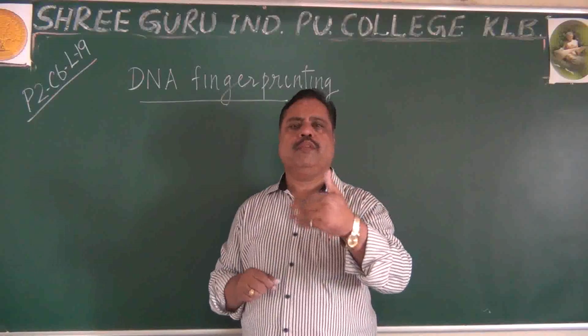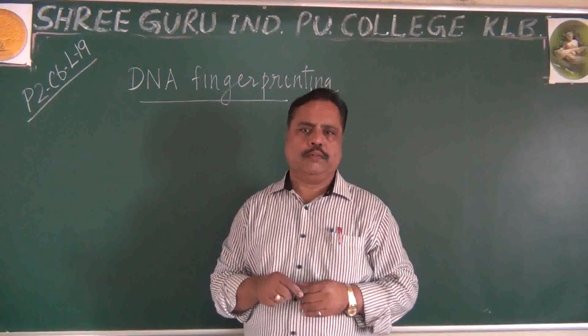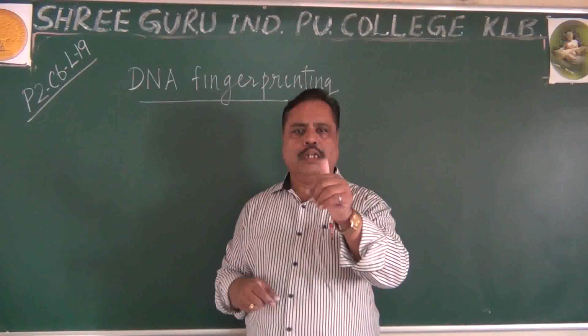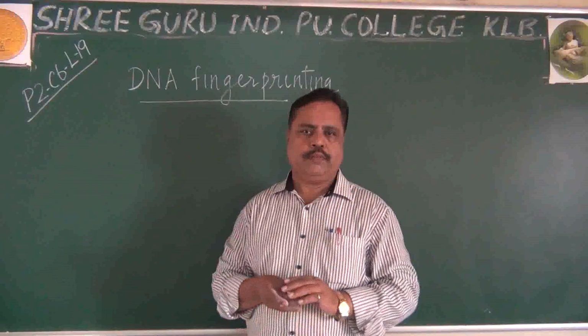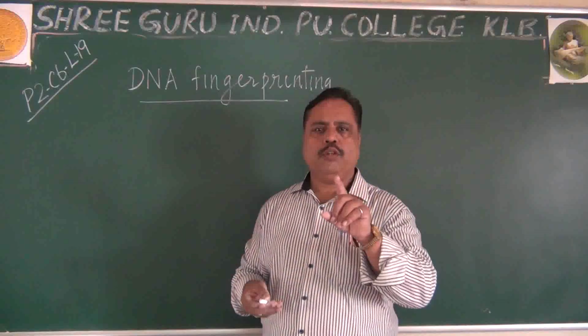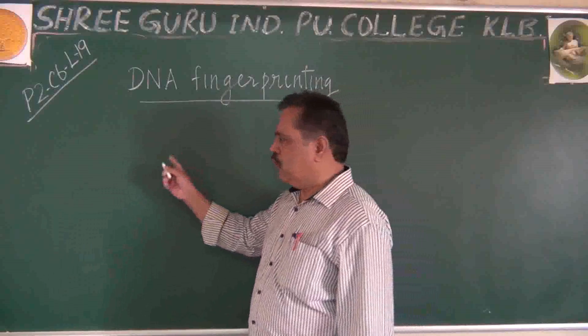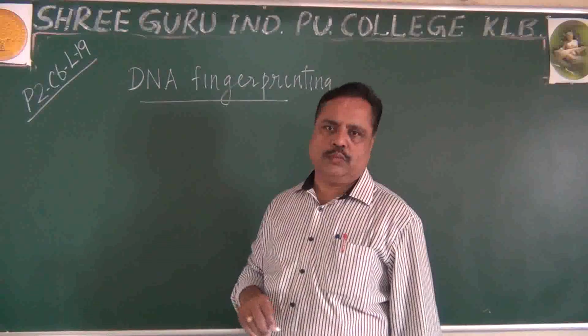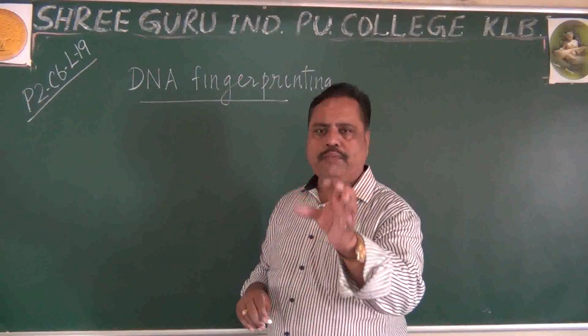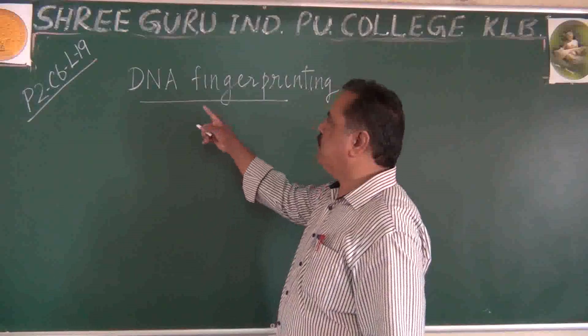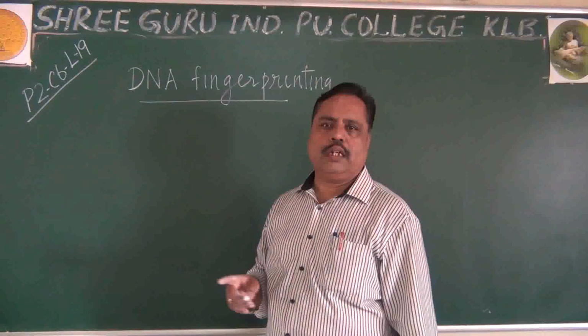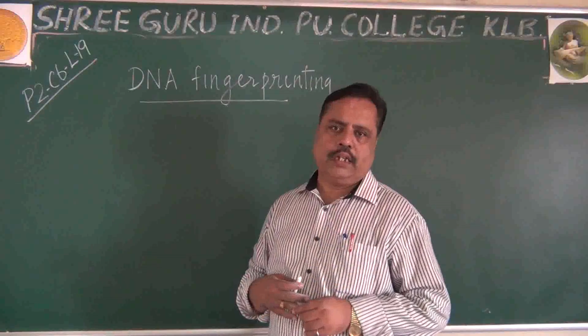Our thumb impression will be differing from person to person. That is called fingerprinting, normal fingerprinting. Same kind of uniqueness is found in the DNA also. That identifying the uniqueness with reference to DNA is called DNA fingerprinting technology.